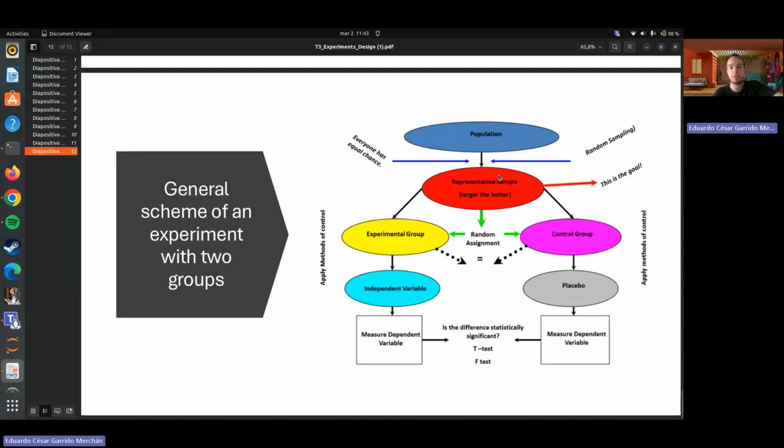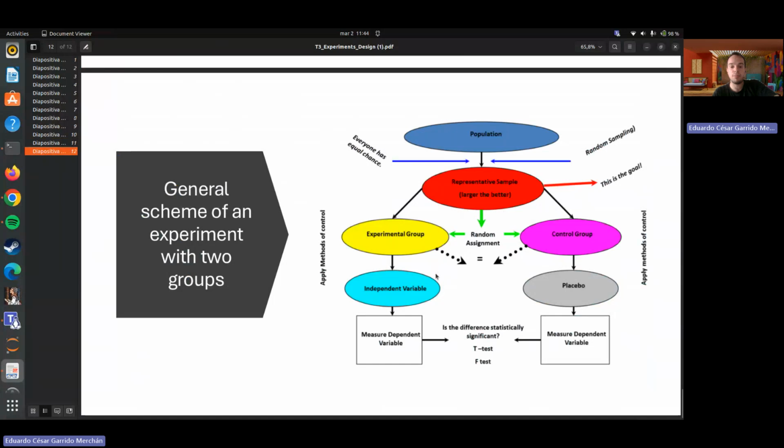Once we have that representative sample, most of the time, for example, 1,000 people or 200 people, depending on the details of the experiment, we split them into two or more groups. If we split them into two groups, we do that split at random. This is really important. The experimental group is going to receive the stimulus. The control group is not going to receive the stimulus.